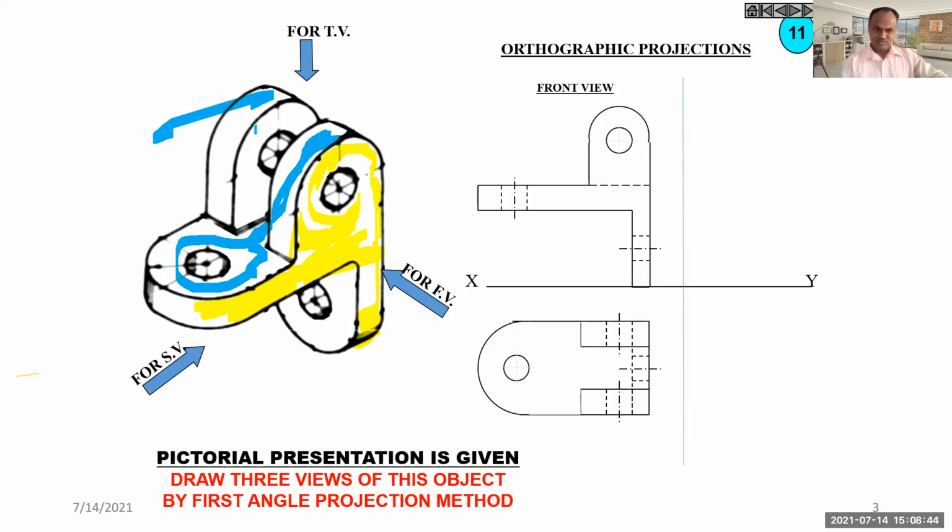Then these two semicircular portions will be seen as a rectangular portion from the upper side, and the beneath portion, again a semicircle, is shown by a dotted line because it is hidden. The central hole will be shown by a center line and two dotted lines. Here the center line holes will be shown by dotted lines.